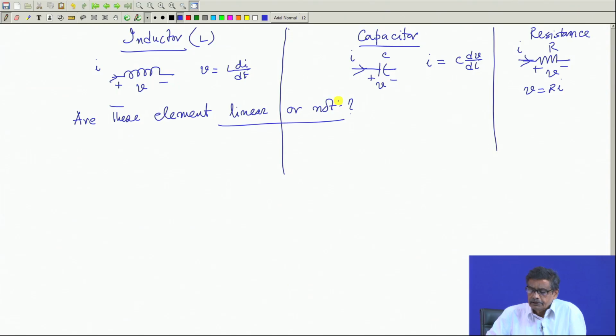If it is satisfied, then I will say it is linear. Now, how to apply the superposition theorem?